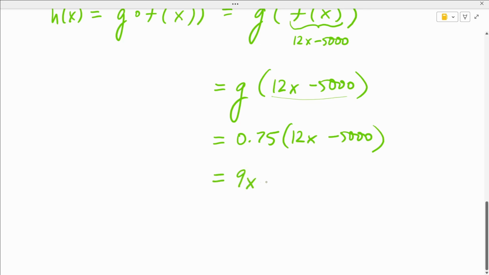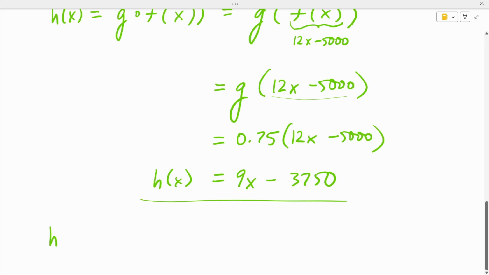This is 9x minus 3,750. Okay, so h of x is this.